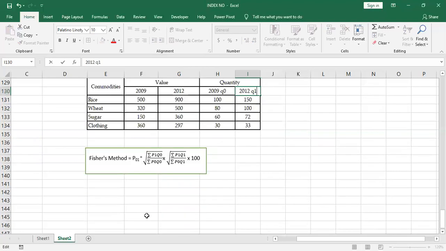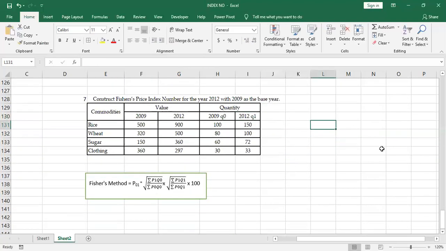Now they have given the value. What is value all about? Value is nothing but price into quantity.